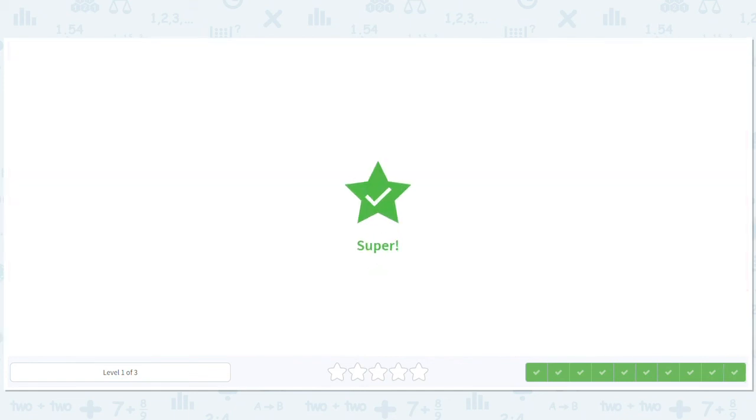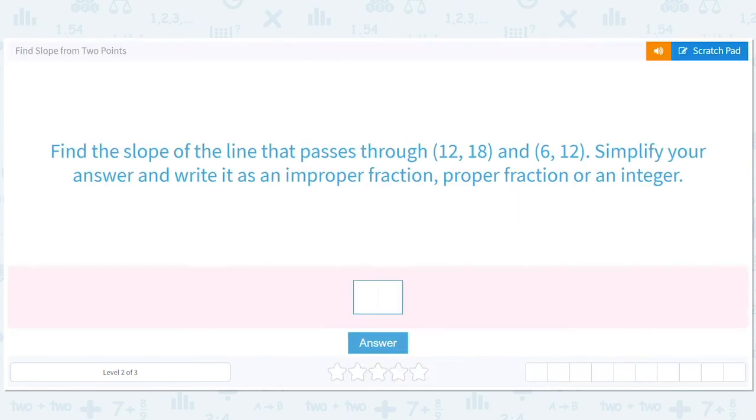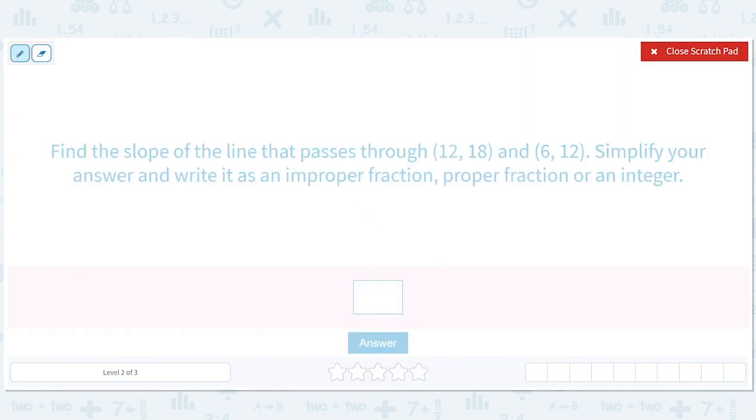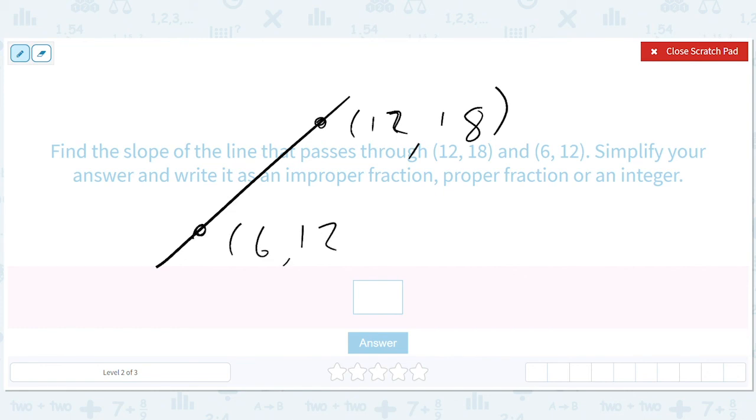Now let's just quickly talk about why this formula is true, because I think it's worthwhile. So if you take your line here and you draw 12/18, and you draw 6/12, when you subtract the y's, you get the rise.